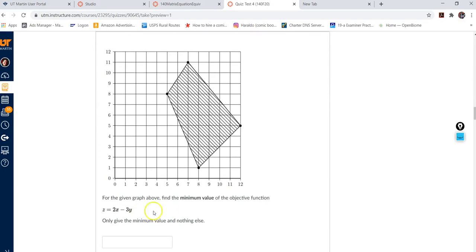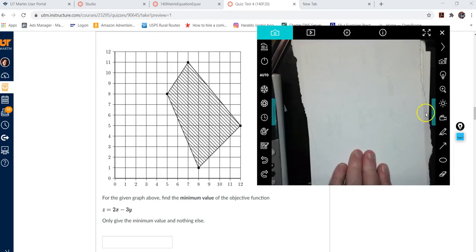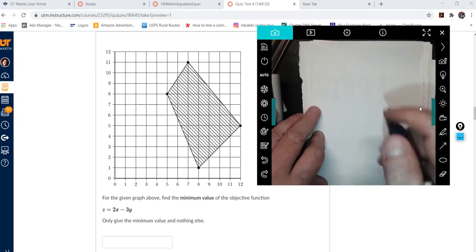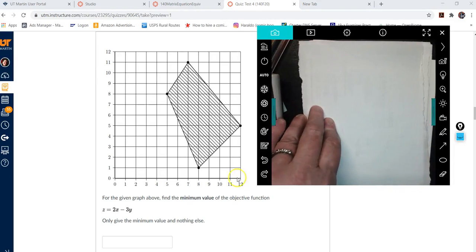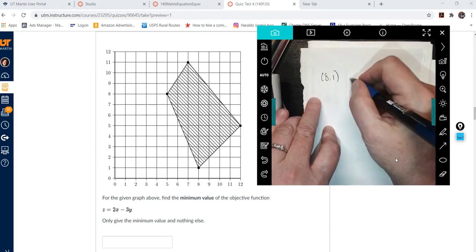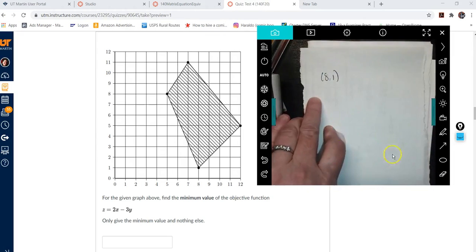Okay, now for the given graphic above, we are to find the minimum value. All right, so for the minimum value, what are my corner points? I'm going to start here. That's 8, 1. And then I've got 5, 8.